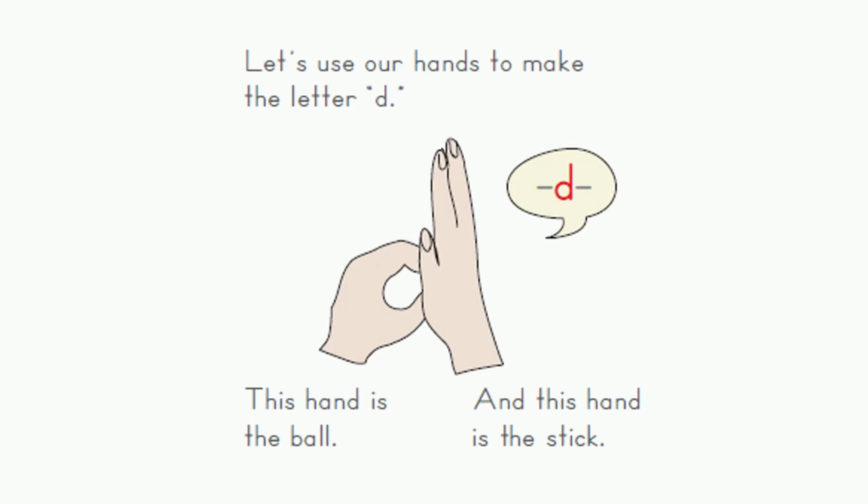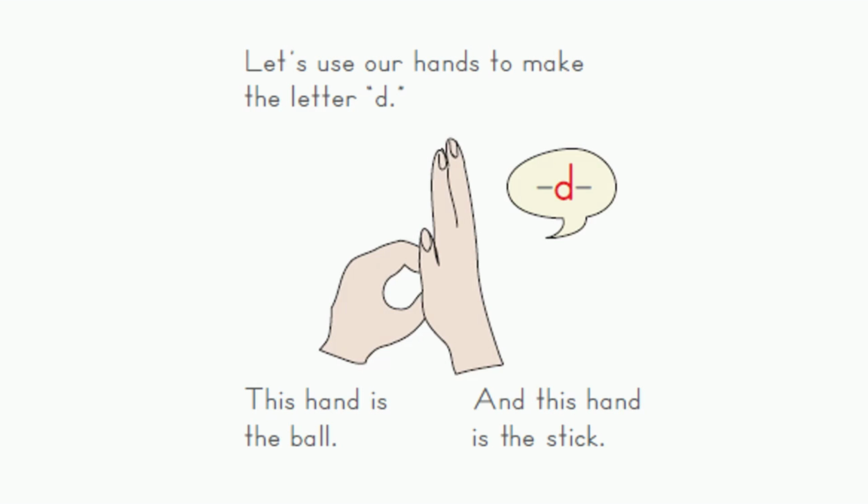So how will you make letter D in your hand? In your left hand, the letter O is formed. When the ball is attached to a stick, that is, the left hand is attached to the right hand, and that too to the palm of the right hand, then the letter D is formed.